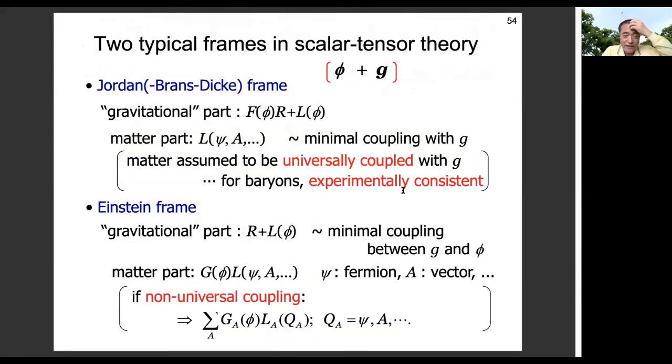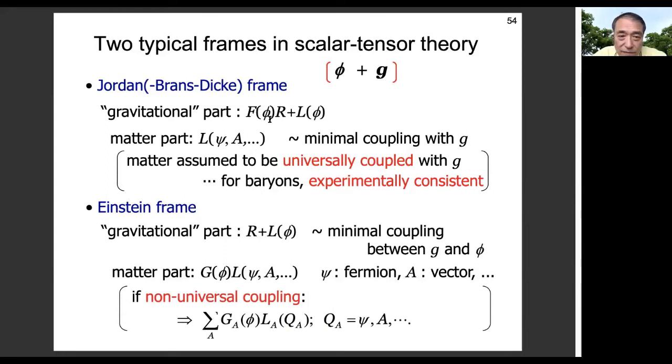Here I'm just explaining some typical cases of scalar tensor theory. In the so-called Jordan or Jordan-Brans-Dicke frame, you have a scalar field coupled to the Ricci scalar curvature, which represents the gravitational degrees of freedom, and because this contains second order derivatives, it gives rise to non-trivial second derivatives of the scalar field.